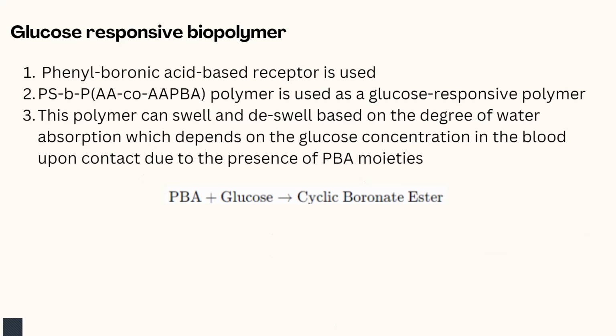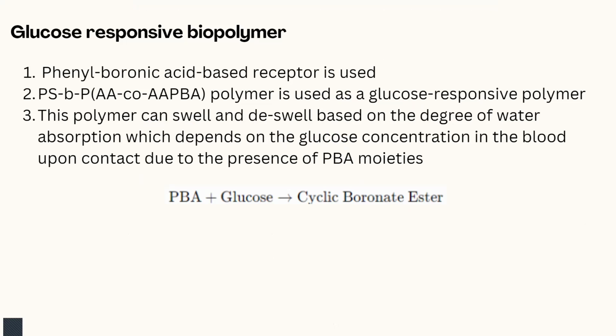For the glucose responsive polymer, we have selected a phenyl boronic acid based receptor, as phenyl boronic acid can react with glucose to form cyclic boronate ester. The phenyl boronic acid is conjugated with a polymer and forms a copolymer, which is given here, which can be used as a glucose responsive polymer.